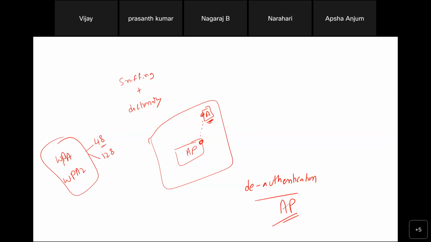When it is trying to reconnect, it has to do authentication, meaning it has to give a 48-bit key for the authentication, which can be captured by the hacker because the hacker is sniffing. And the access point gives a 128-bit key, which can also be captured by the hacker.